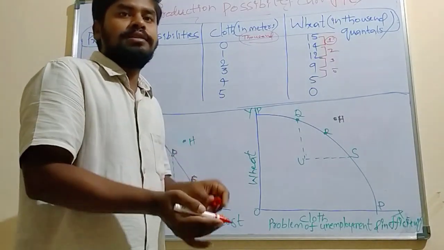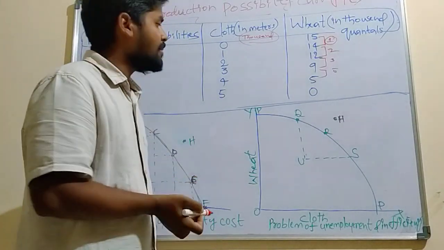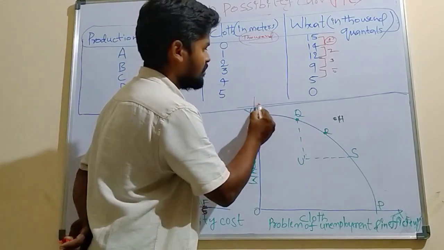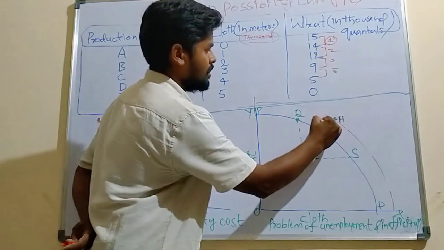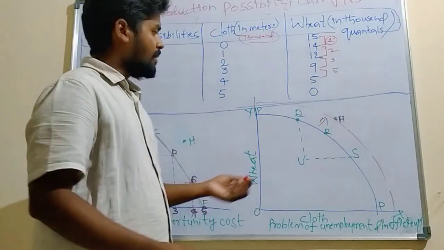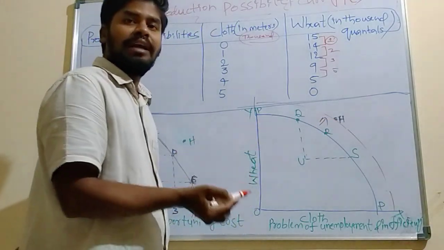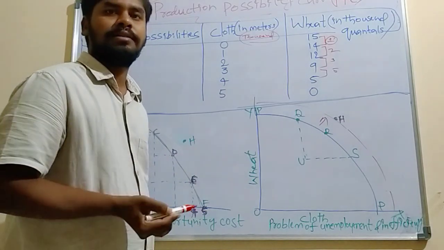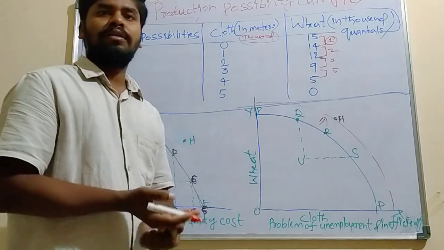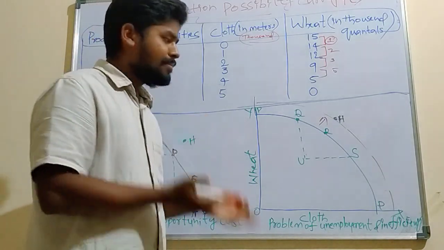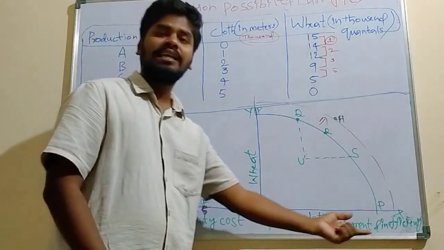When the resources are used at the optimum level, there is a possibility that the production possibility curve will shift upward. Okay, there will be an upward shift. If the resources are not used well enough, meaning there is underutilization, the labor is low skilled or unemployed, so there is inefficiency.